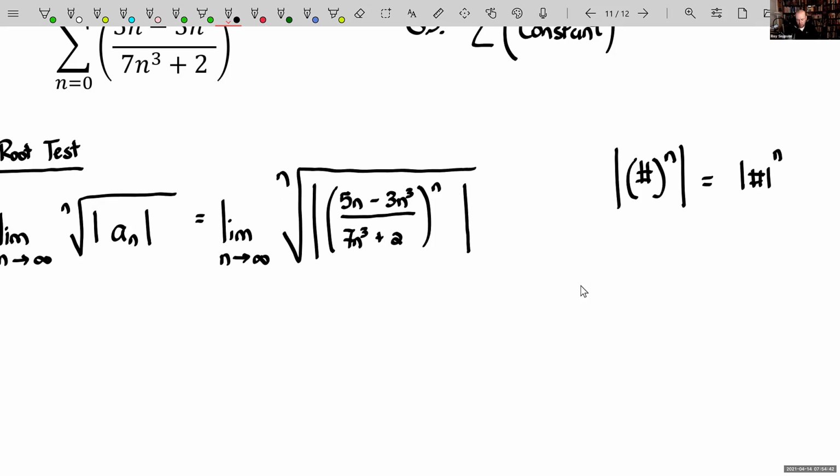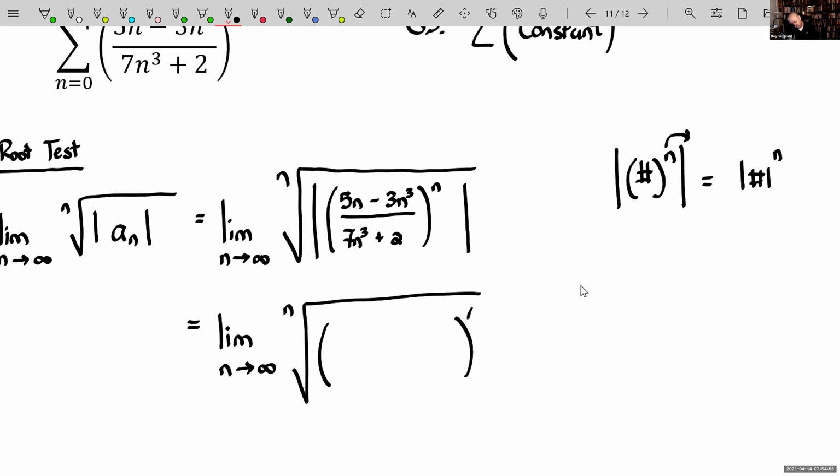So basically, you can move the nth power outside of the absolute value. So this is the limit as n tends to infinity of the nth root of the nth power of the absolute value. That's going to be very helpful, so please remember that.